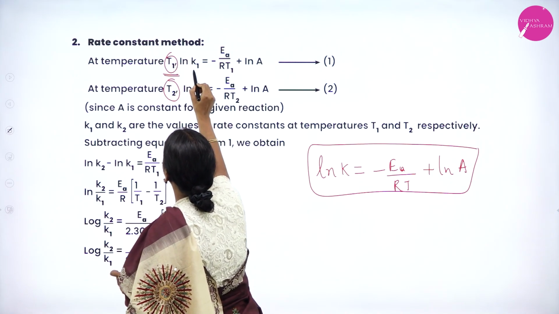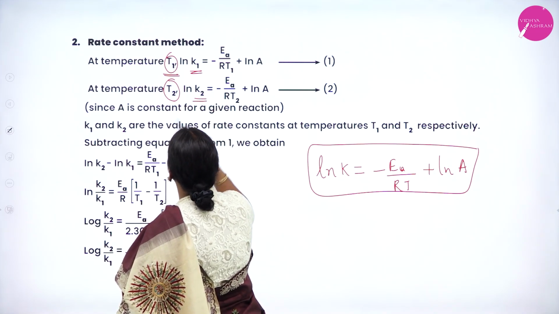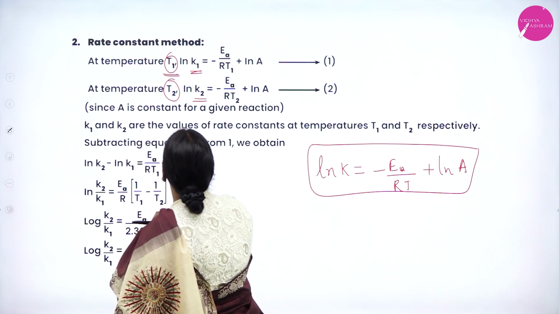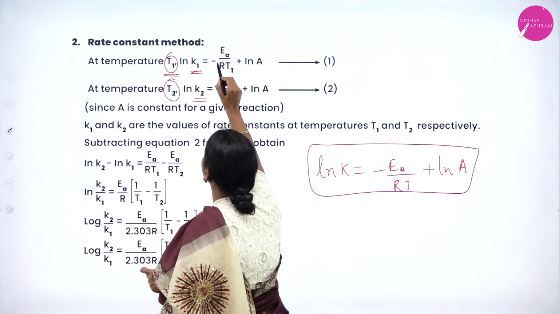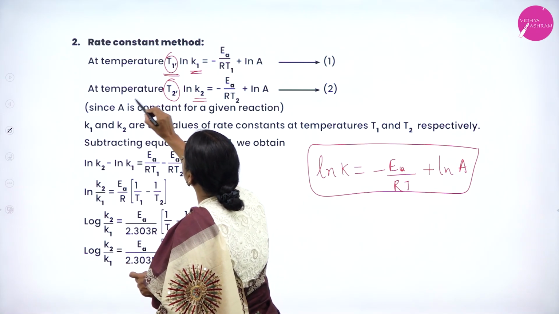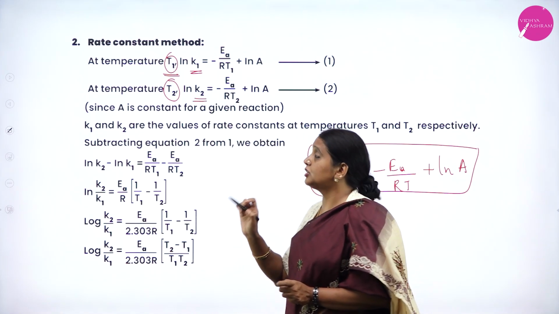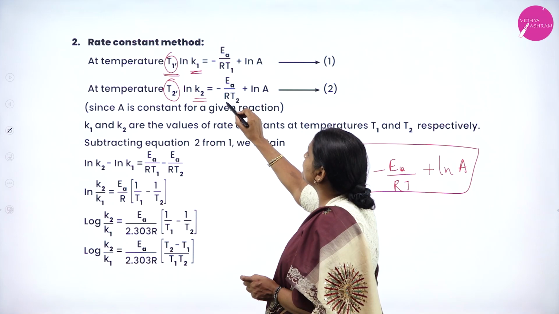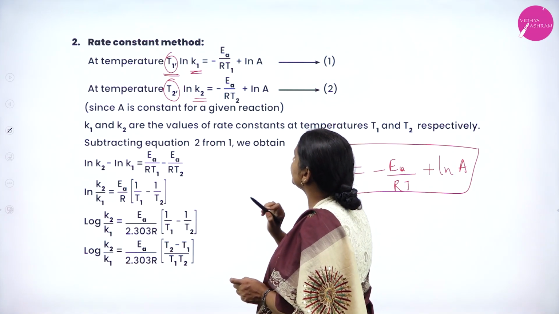At temperature T1, the velocity constant becomes K1. At temperature T2, the velocity constant becomes K2. Therefore, the first equation, at T1: ln K1 = -Ea/RT1 + ln A. At temperature T2: ln K2 = -Ea/RT2 + ln A. This is equation 1 and equation 2.